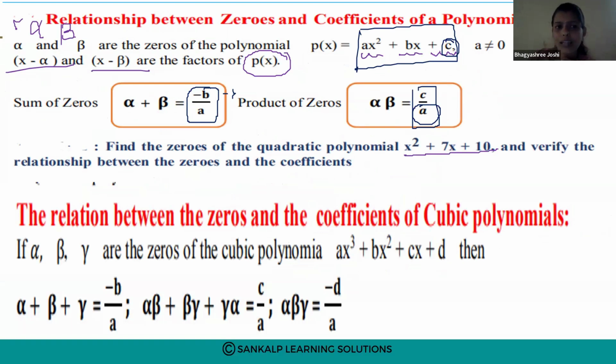Because here we are finding the relationship between the zeros and the coefficients of the quadratic polynomial.